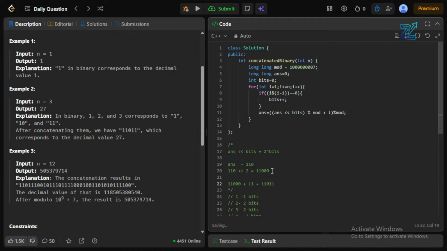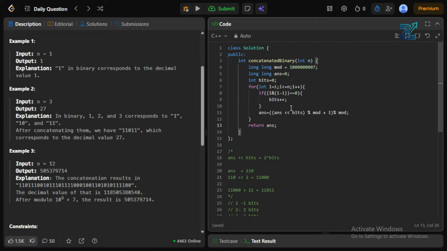When we add up, we effectively concatenate. Again we have this percentage mod. Why are we modulating here? To prevent the overflow. Finally, what are we returning? We are going to return those answers, right? Understood?